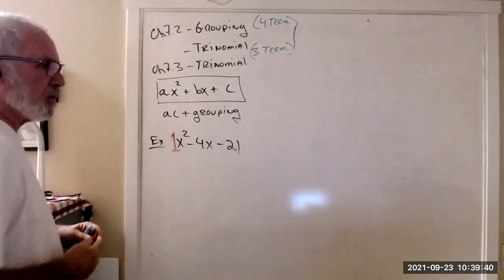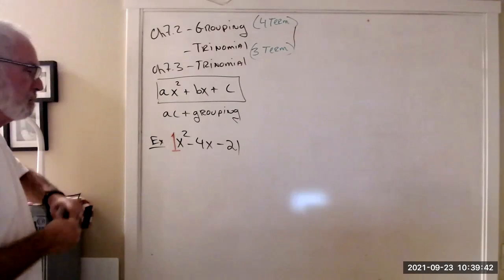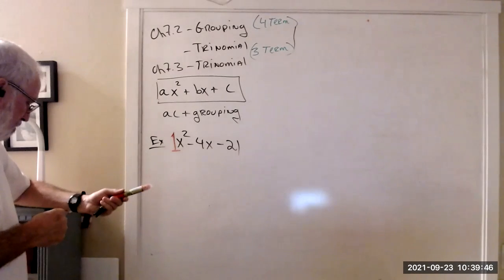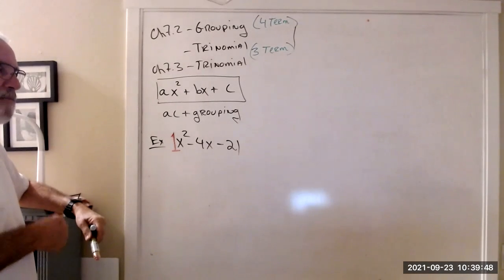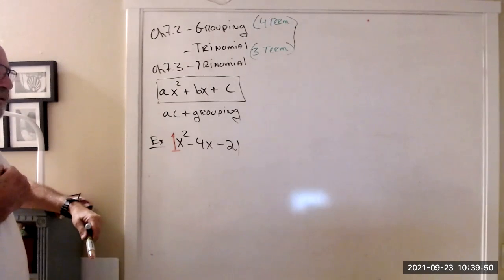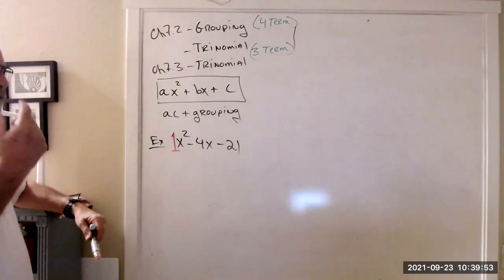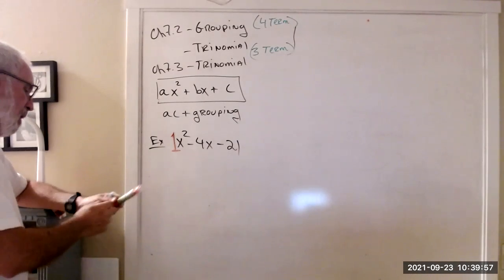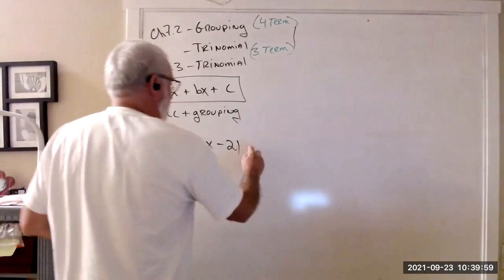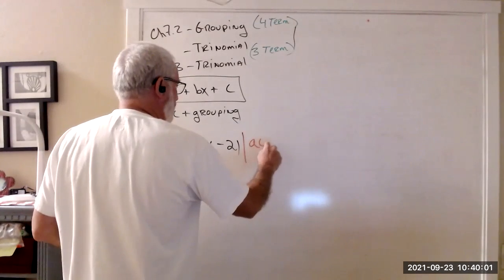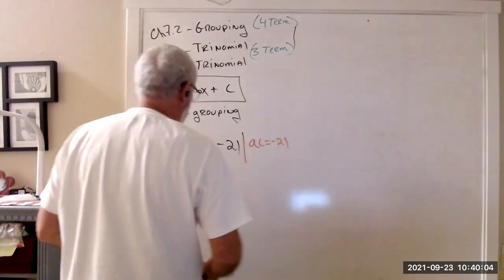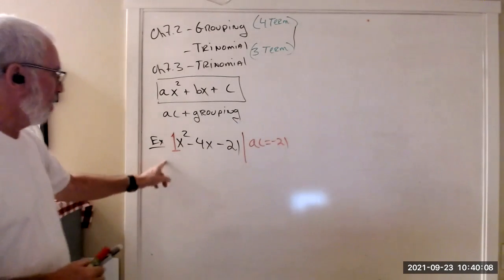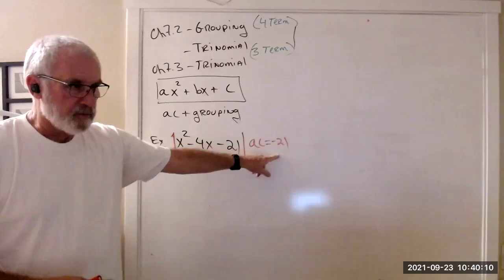Okay, if you're asleep, wake up. If you're halfway asleep, wake up. This is a really powerful shortcut. Really powerful. If we still do the AC bit, AC is negative 21. 1 times negative 21 is negative 21.